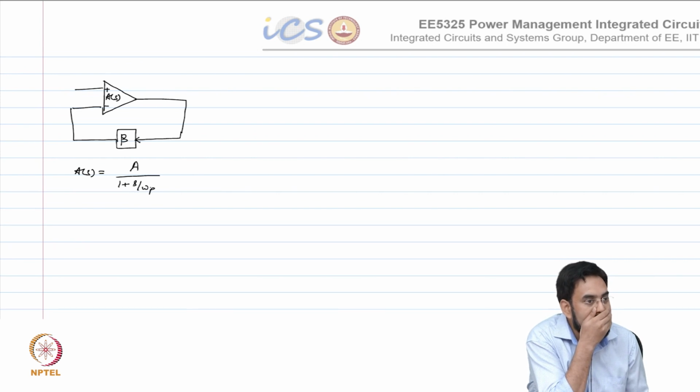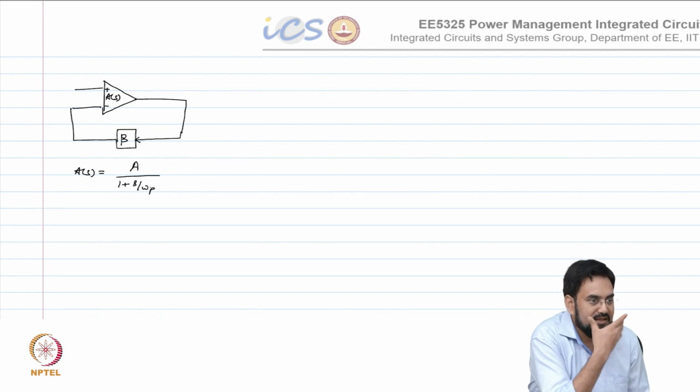So it is a first order system, which means you have only one pole and your DC gain is A.